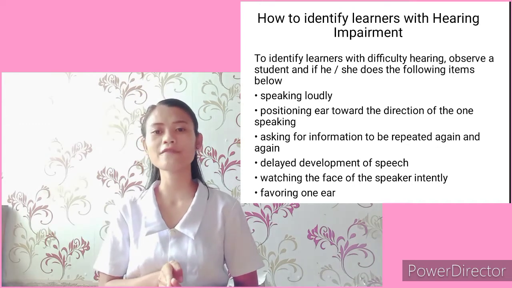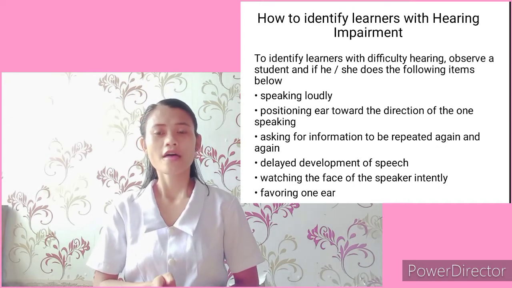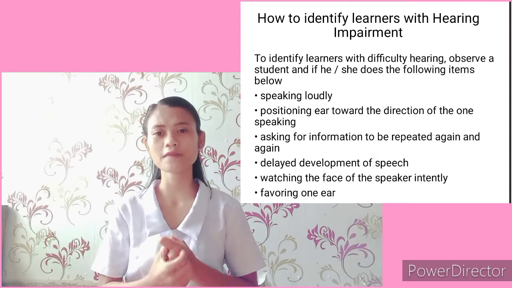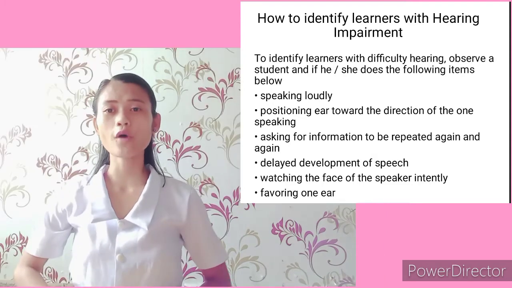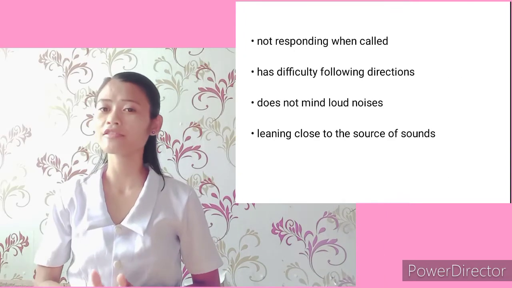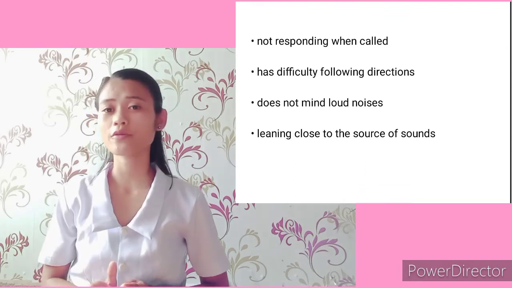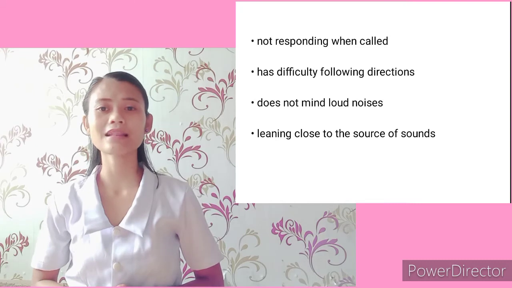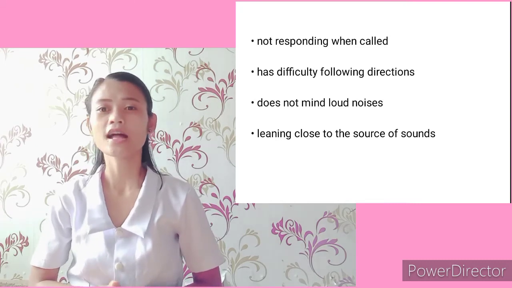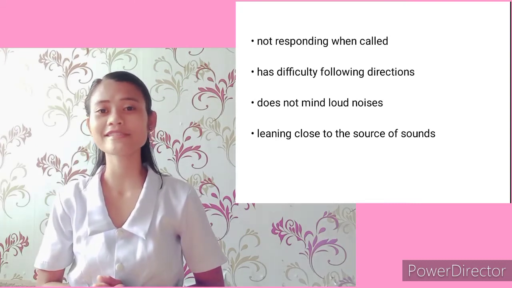Then delayed development of speech. Then watching the face of the speaker intently, favoring one ear. Then not responding when called. Has difficulty following directions. Does not mind loud noises. And lastly, leaning close to the source of sounds.